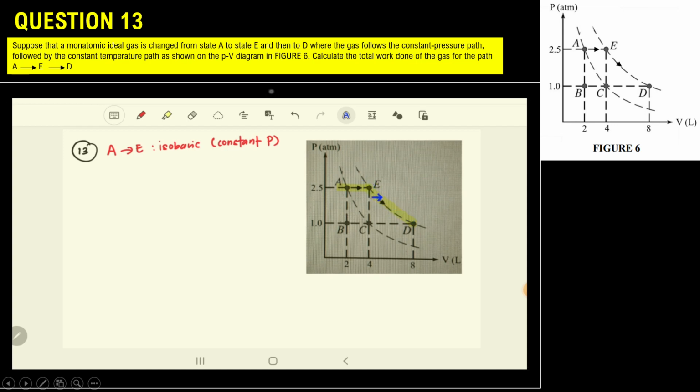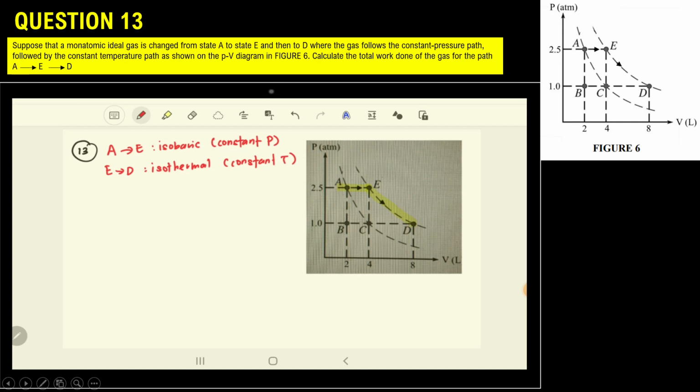The dotted line shows the line for the temperature, and E and D are on the same line, which means the process is isothermal, at constant temperature.